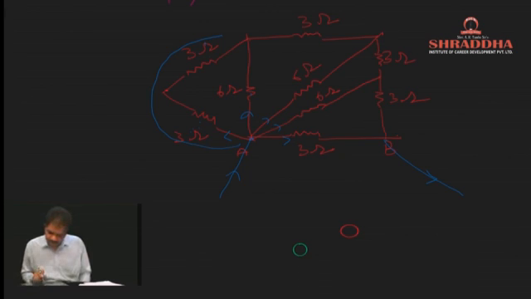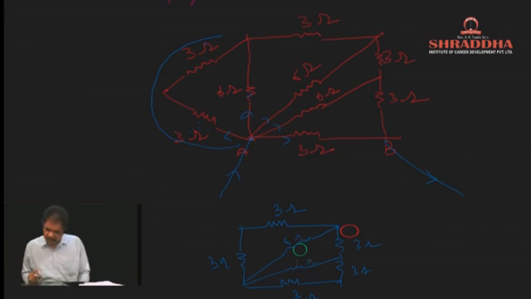So again if you redraw the circuit, it will be like this. These 3 will be 6. 6 will be again 3. 3 will be again 6. 6 will be again 3. 6 again with 6.